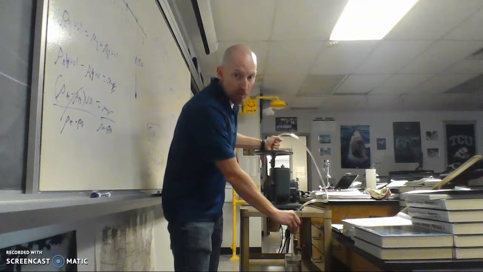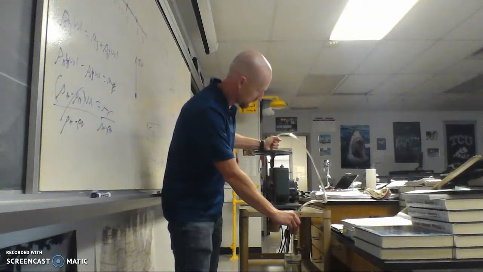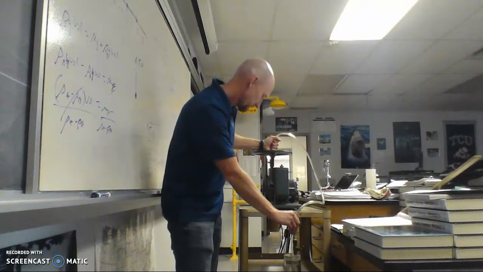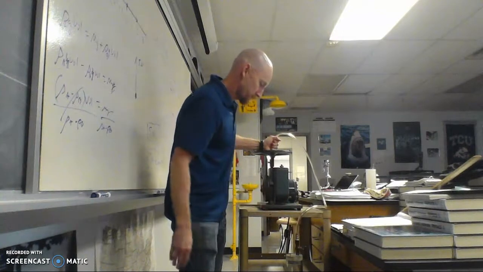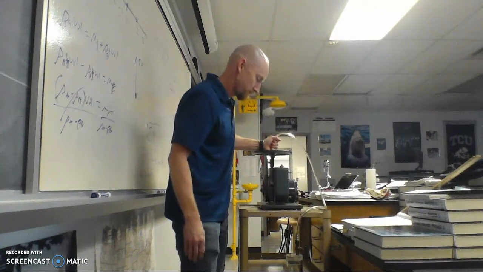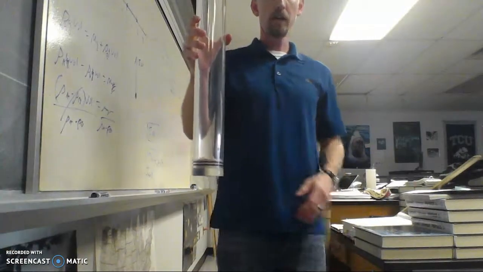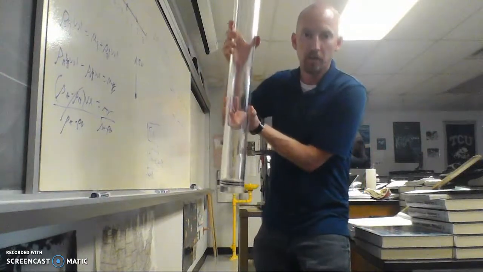It's called a vacuum pump, and I'm going to try to vacuum all the air out of this space. And see, if I pull all the air out, I create a vacuum in this little chamber. So pull all the air out, see if you can tell.